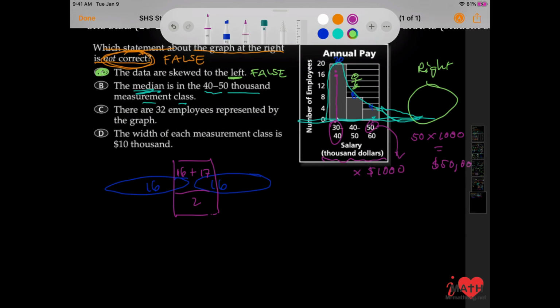So median is in the 40 and 50th. Double check that. They're in there. Average is 40 and 50,000. I also think that one's false.